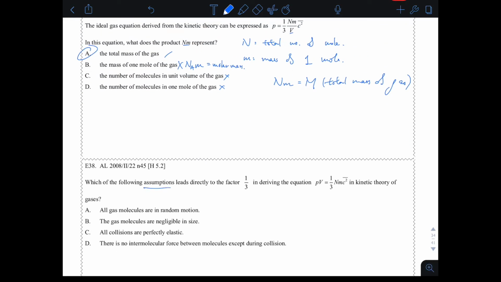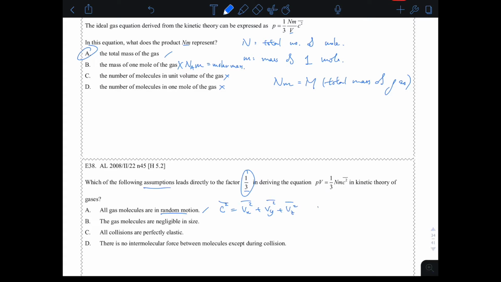Next, which of the following assumptions leads to the factor 1/3 in the equation? And the answer is A, because of random motion. So we have c squared, hopefully you still remember, c squared equals to the mean of vx squared plus vy squared plus vz squared.